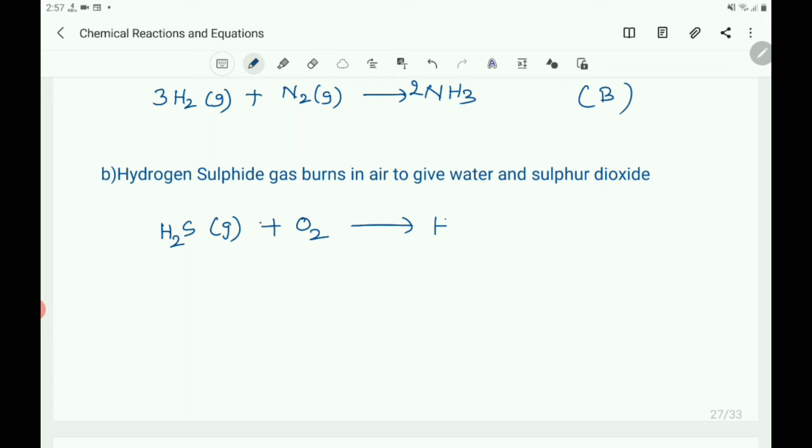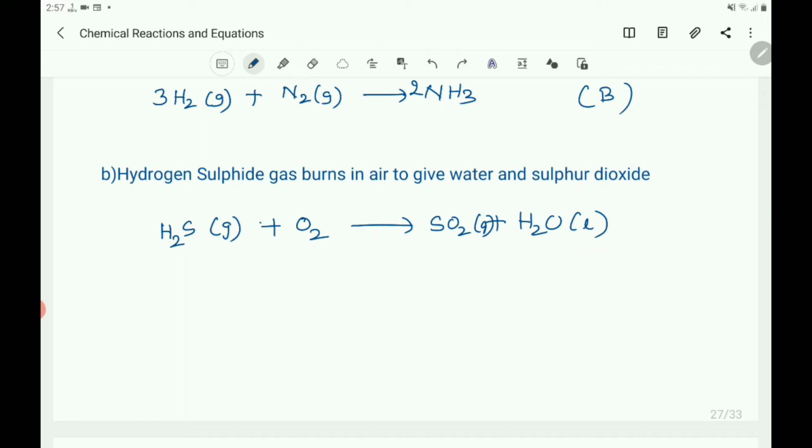So you first write SO2, sulfur dioxide, plus water. SO2 is a gas, H2O is a liquid. You got the skeletal chemical equation for the given reaction. Hydrogen sulfide reacts with oxygen to give sulfur dioxide, SO2, and water, H2O.